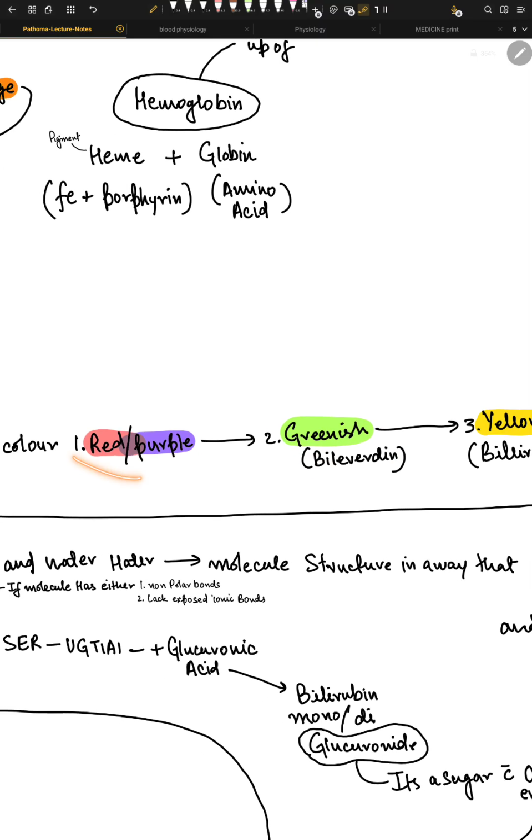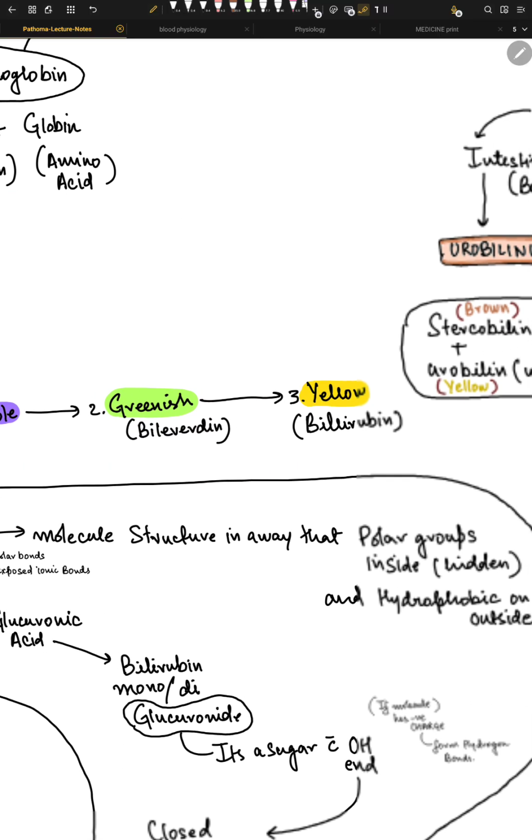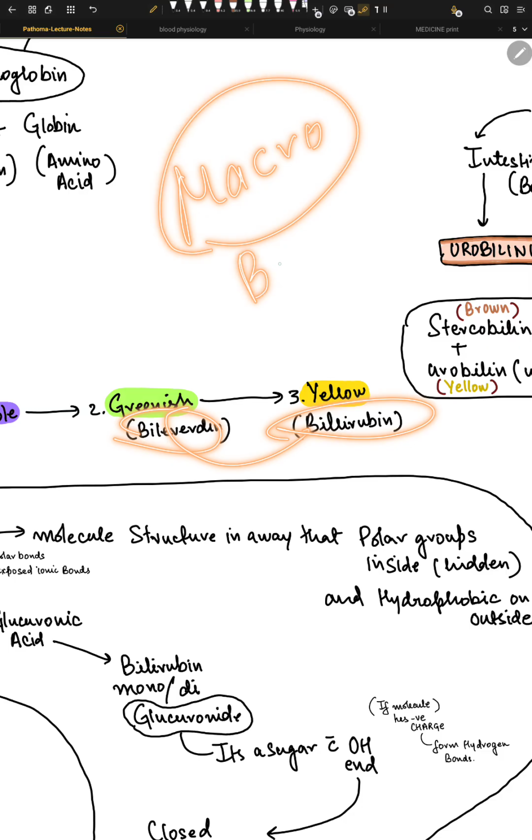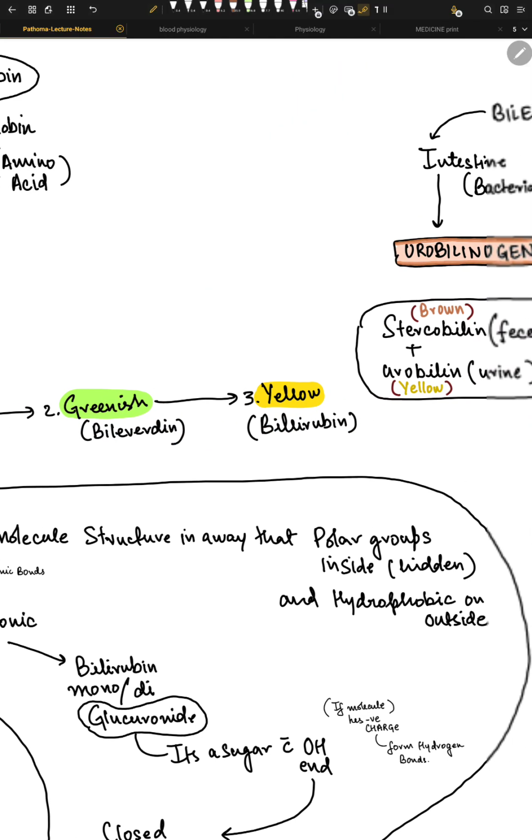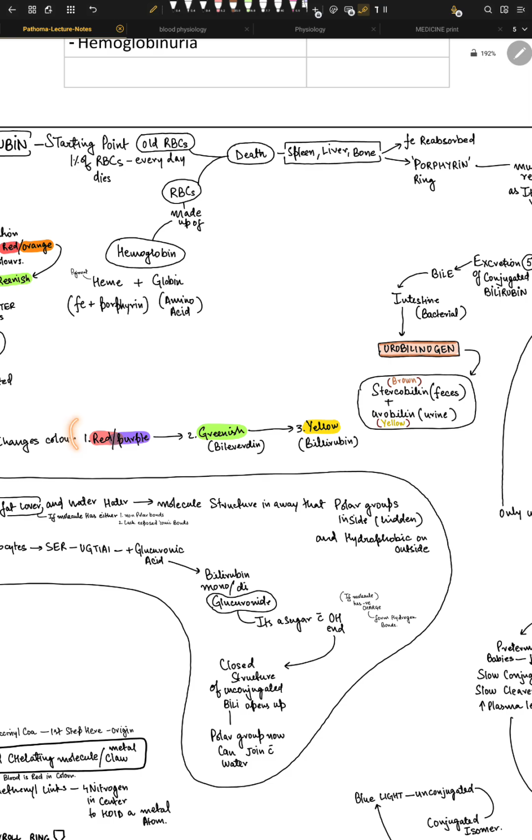So the color changes from red-purple to greenish in our bruises, and then the color changes to yellow because biliverdin is getting converted into bilirubin, because macrophages are also present at the site of bruises. Bruises cause inflammation, and inflammation calls macrophages. So that's why the color of bruises changes.